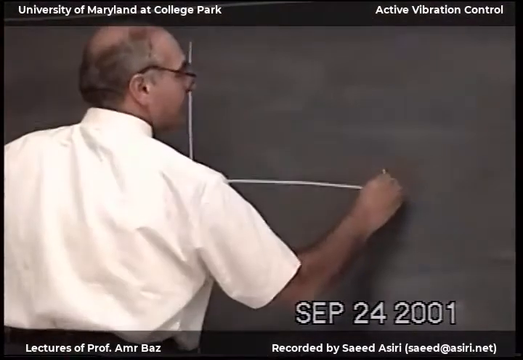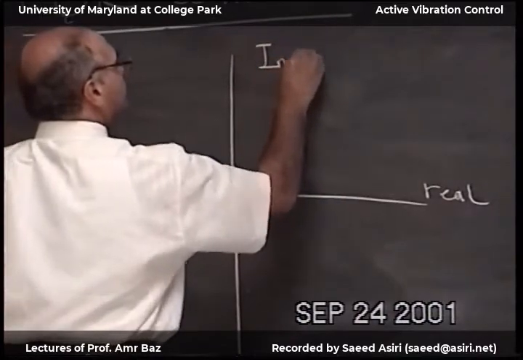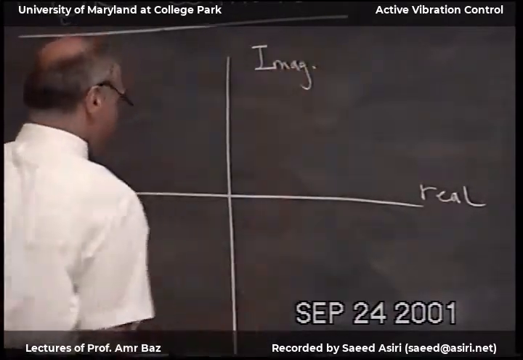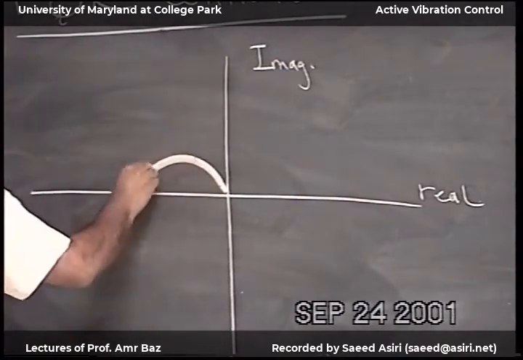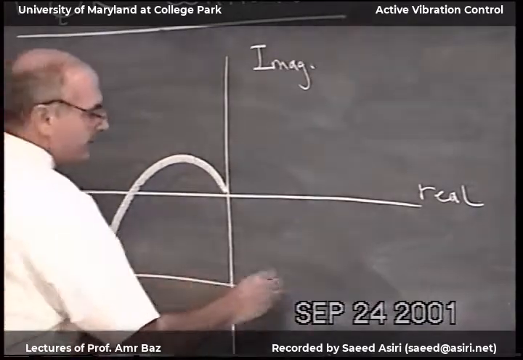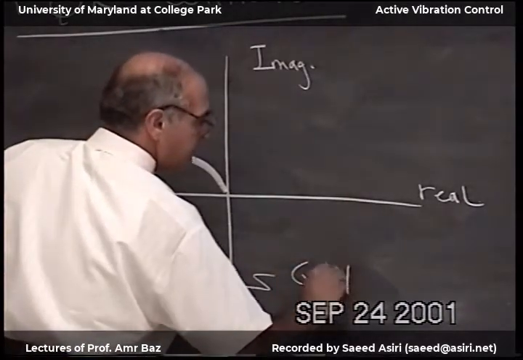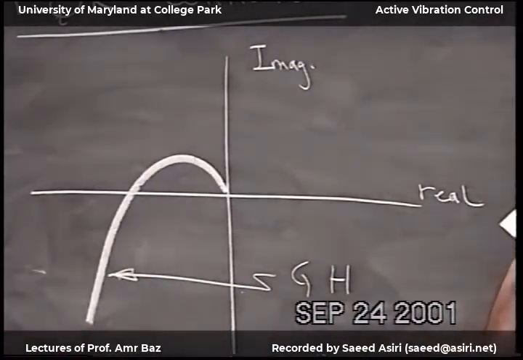So if we have here the real axis and imaginary axis, and then I plot the G, H of a system like this.